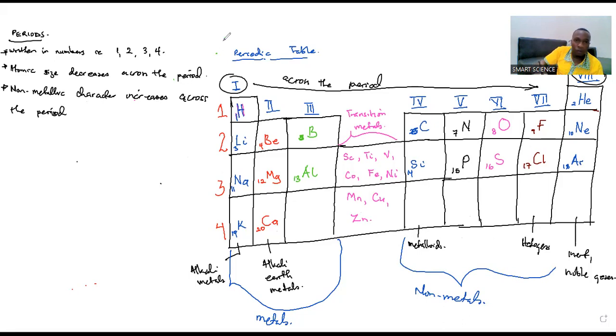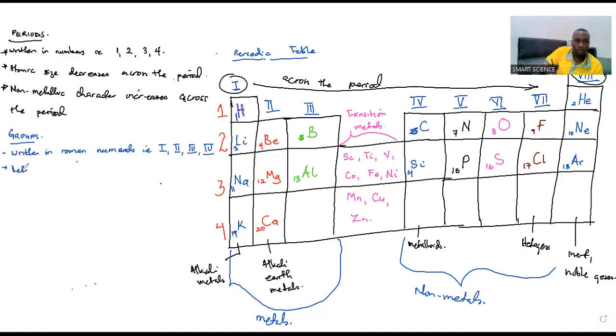When we look at the groups generally, we shall find out that they are written in Roman numerals, i.e. group 1, group 2, group 3, group 4, among others.